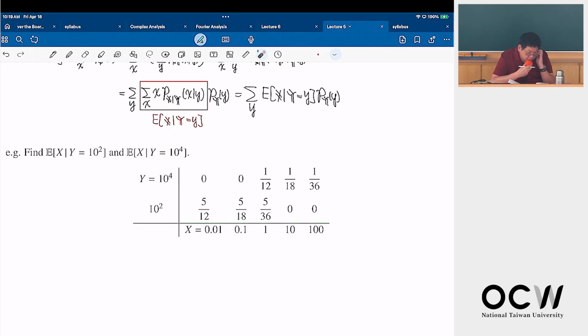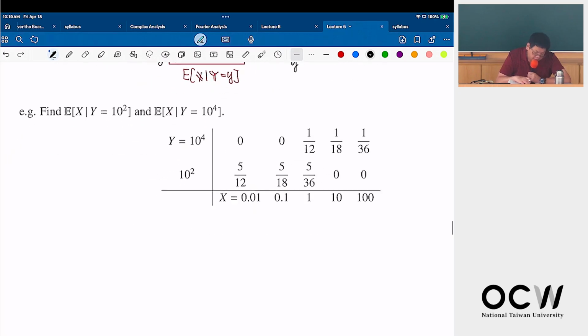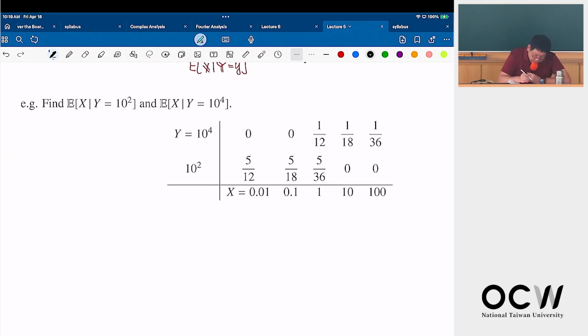To find the conditional expectation, we need the conditional PMF, x given y. We actually know the x given 10 squared and the x given 10,000.